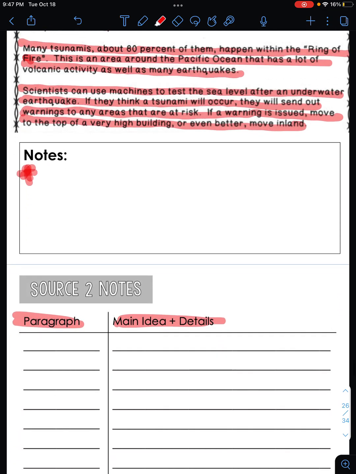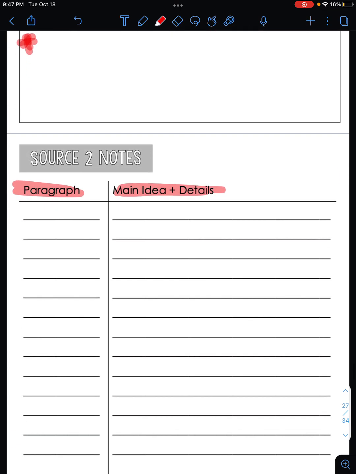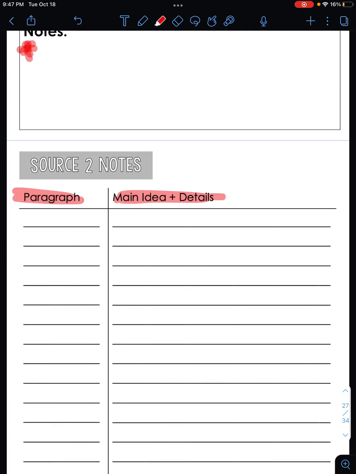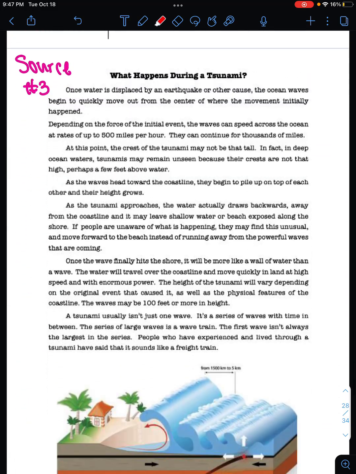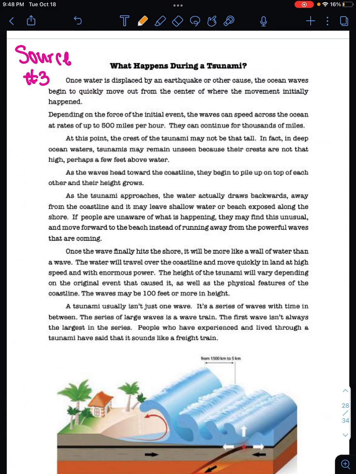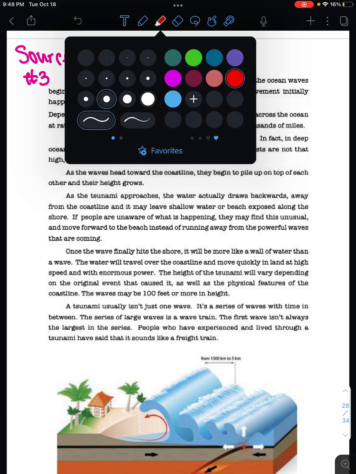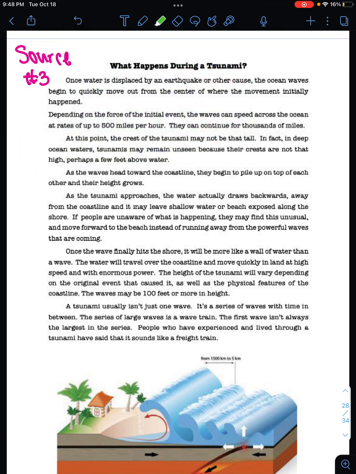Okay, remember to take notes, and remember, here's what you liked. So paragraph 1, paragraph 2, whatever you want to use as part of your essay. Okay, and then your last source is going to be this one. So source number 3, what happens during a tsunami?